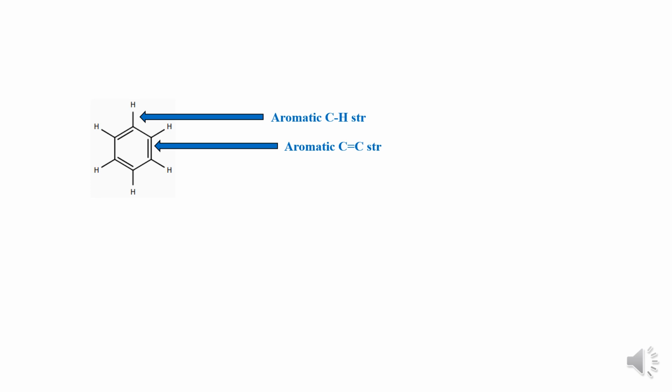Now, every bond in the molecule absorbs IR radiation at a specific frequency, and hence each bond gives an absorption peak in the IR spectra. When you observe the structure of benzene ring, you will find two types of bonds. One is the aromatic CH bond and the other is the aromatic carbon-carbon double bond.